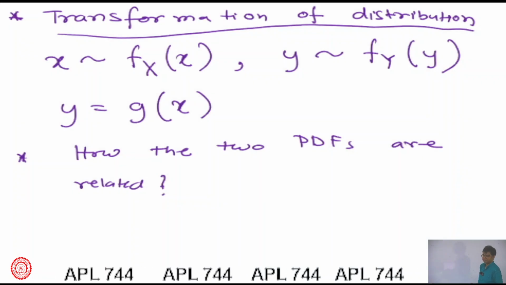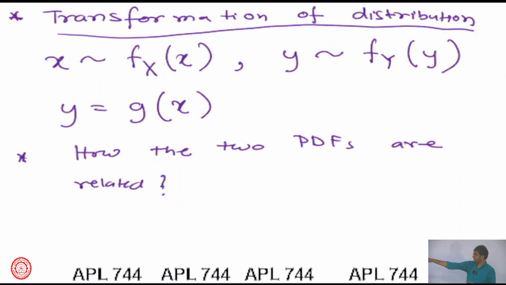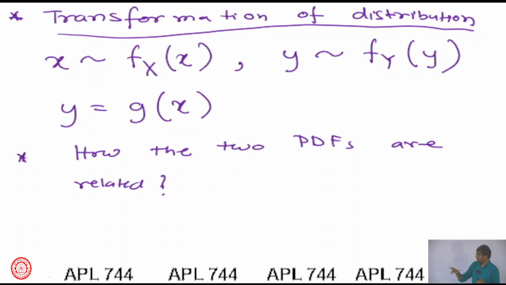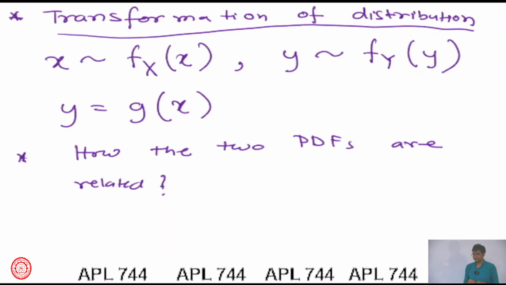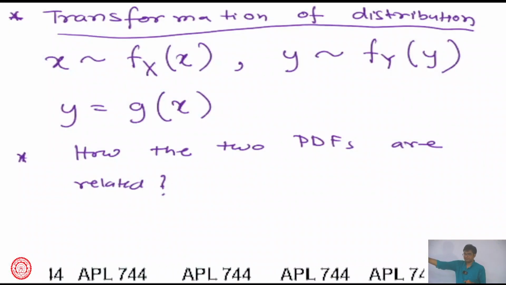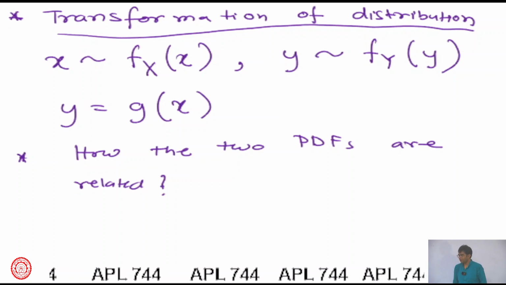Now, do you think if I just do g of f_X(x), I will get f_Y(y)? If I just take that g function, which is a nonlinear function known to me, and apply it over f_X(x), which is the PDF of x, will I get f_Y(y)? The answer is no, it does not work like that.